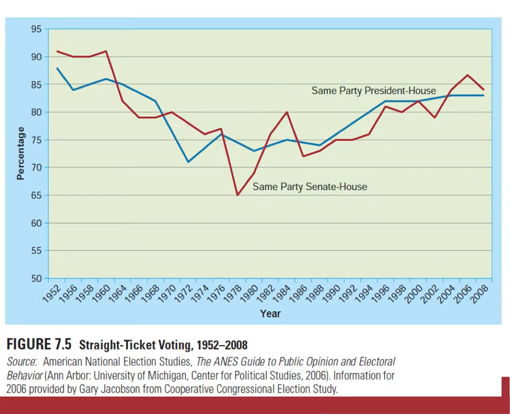So when we take a look at straight ticket voting, we see that it actually dropped, but it has risen up to a certain extent over the years. While this pattern shows a drop since the 1950s to a low in the late 1970s and early 1980s, more recently we're seeing that people are voting more straight ticket.